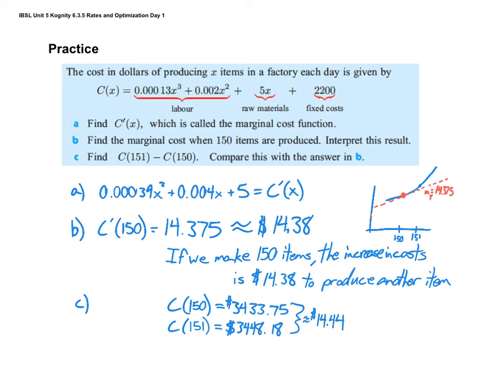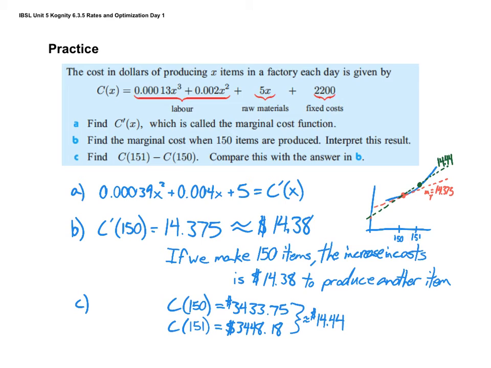When we did part C, looking at the average, what that was giving us was the slope of the line through these 2 points. And that slope ended up being 14.44.